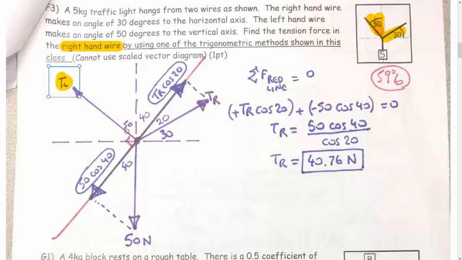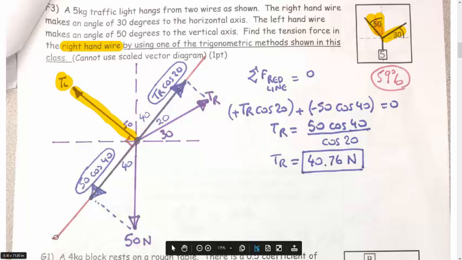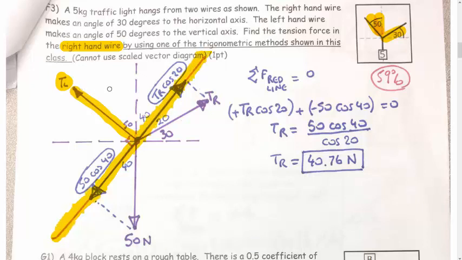I recognize the fact that I don't care about T left, and so I choose to form an axis which is at 90 degrees to T left. T left has no component along this axis, so it still exists, but it is not part of the equation I'm now going to write.